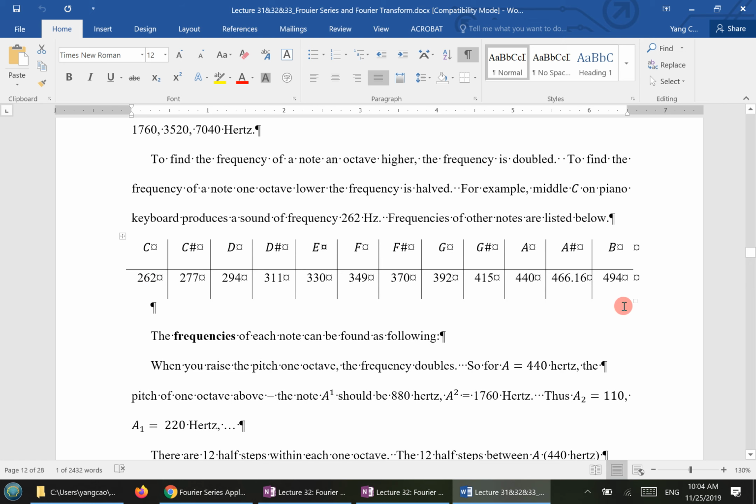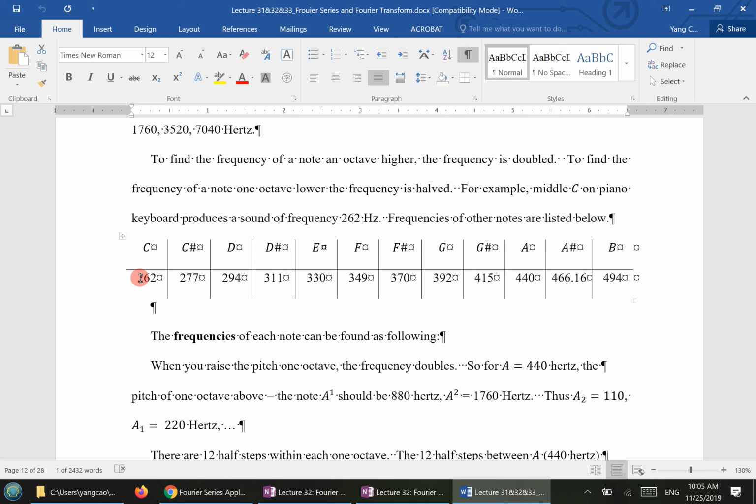So when you play a chord, a C major chord, C, E, G, that's as far as I know, you're playing these three frequencies together. It's like you're adding three signals together. Your three fingers may be pressing different strings, so that's basically the amplitude.